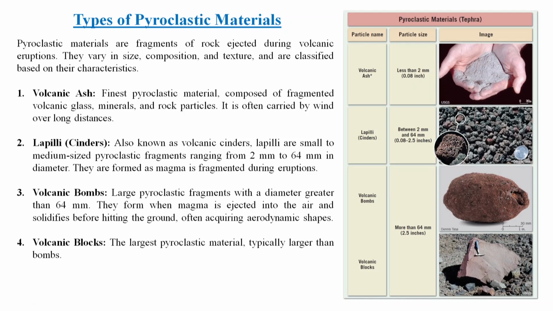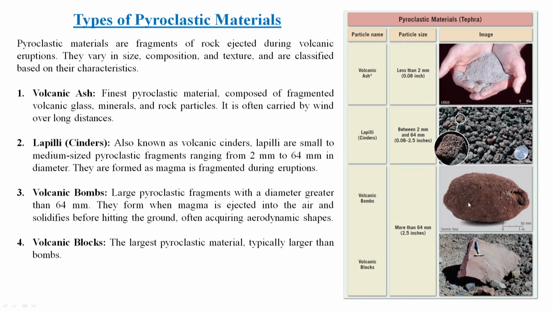Types of pyroclastic material: now we will talk about the solid materials that are being ejected from a volcano. Your volcanic ash is the finest material. Then you have lapilli or cinders, which are relatively medium-sized particles.